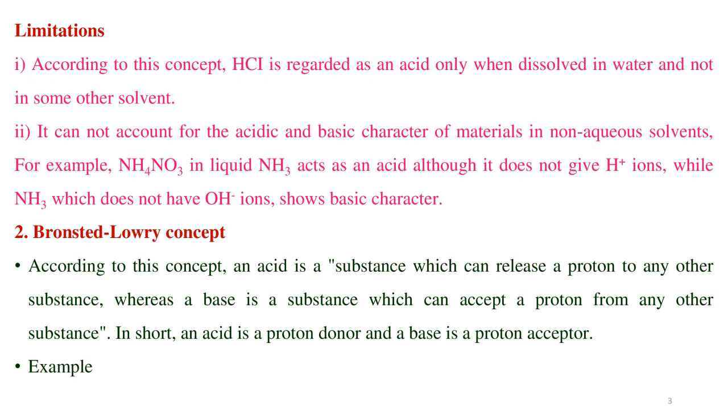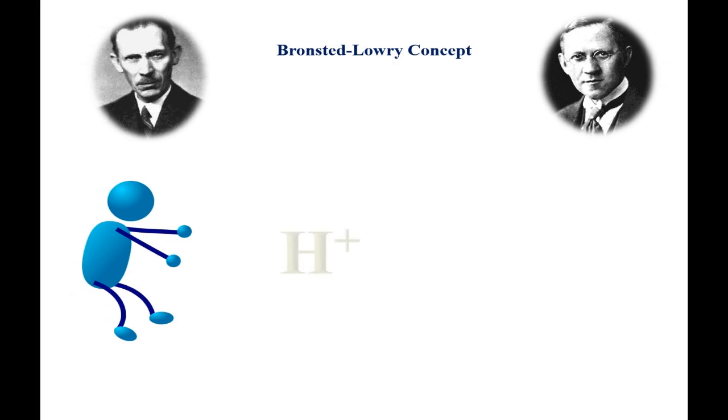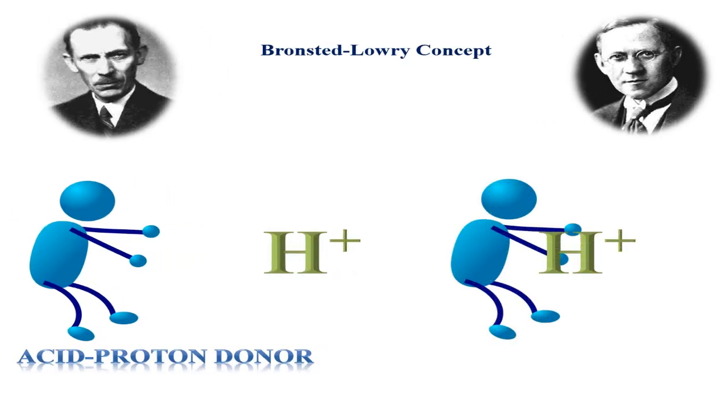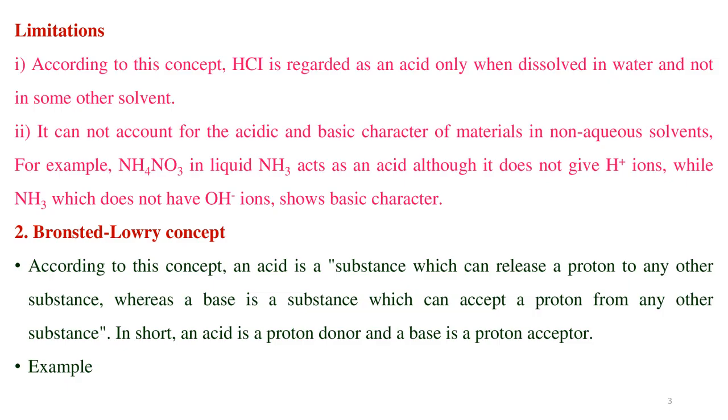The second concept is the Bronsted-Lowry concept. An acid is a substance which can release a proton to any other substance, whereas a base is a substance which can accept a proton from any other substance. An acid is a proton donor and a base is a proton acceptor.